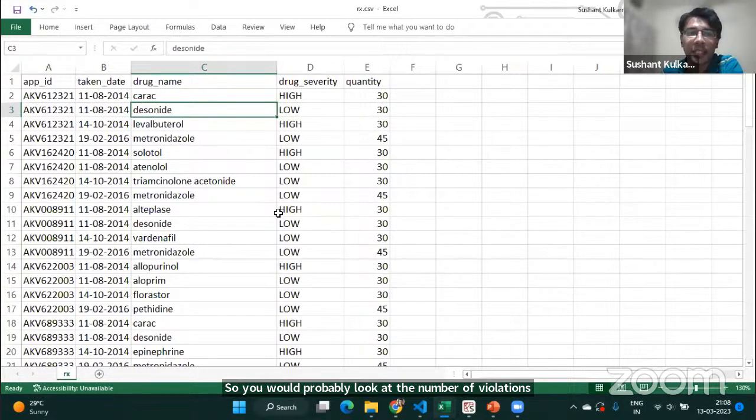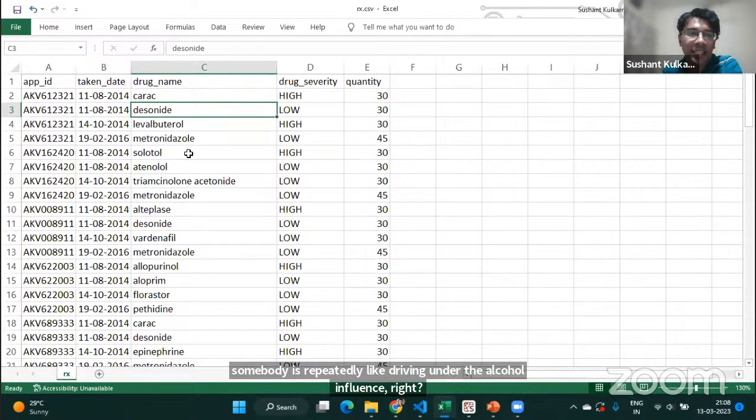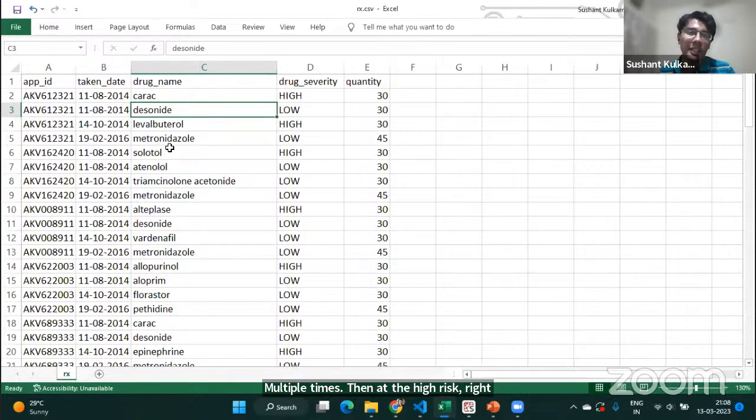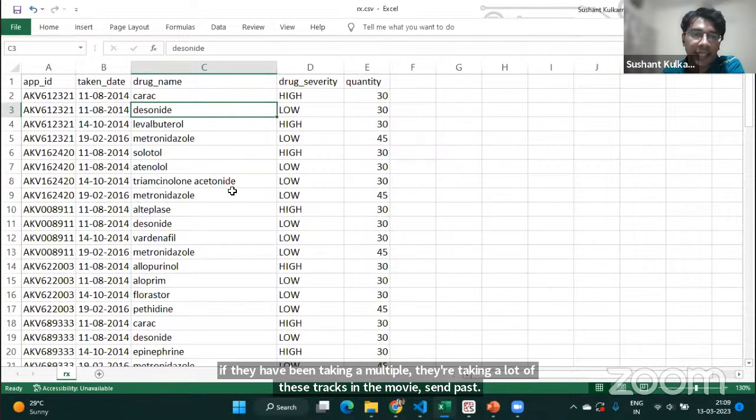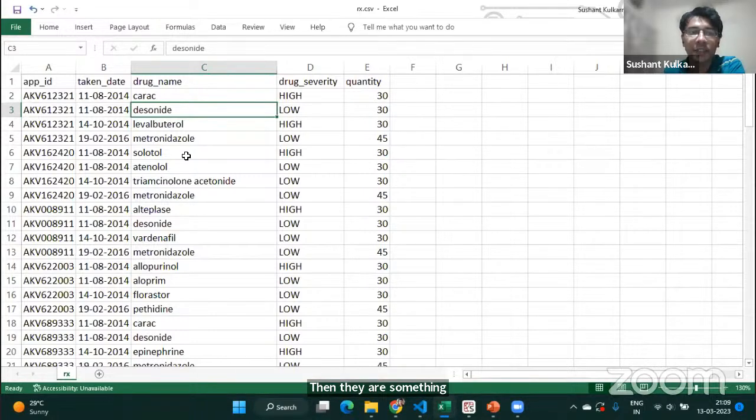If somebody is repeatedly driving under the alcohol influence, multiple times, then they are high risk. Similarly, with some of these drugs, if they have been taking a lot of them in the more recent past, then they are prone to higher risk. But you need to differentiate there.